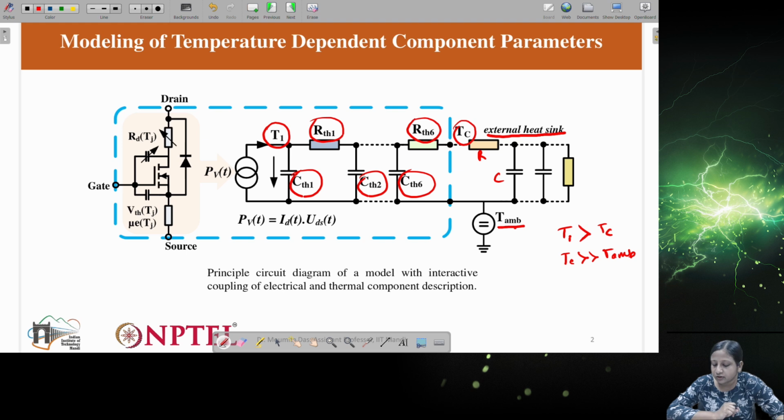In order to maintain the ambient temperature at the device, wherever it is connected in a PCB or in a module, we have to connect an external heatsink. We can then ensure that the case temperature will be equal to the ambient temperature. So we have to connect a heatsink so that it can take off the heat above T ambient which is generated due to the power loss in the device.